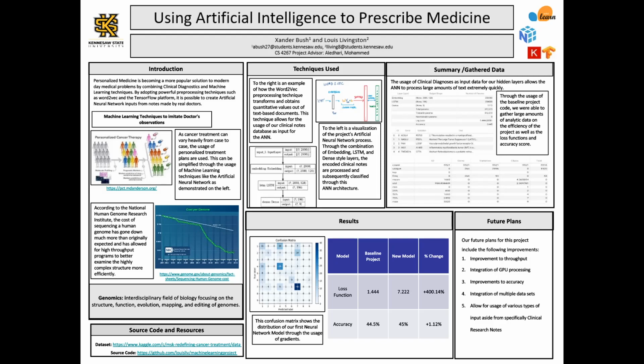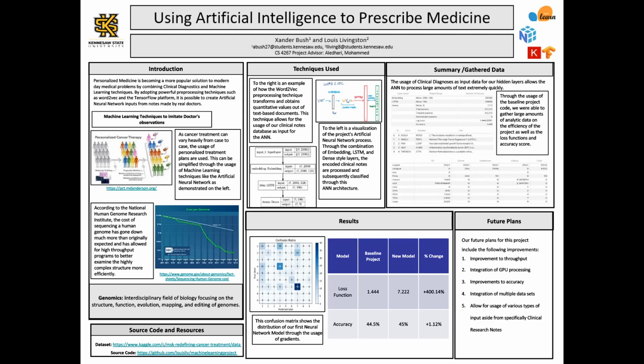So allowing for higher accuracy, faster processing, more accurate processing would help this project significantly, as well as possibly implementing more types of data sets that we can use in the project, and being able to use multiple data sets in one run with different inputs and classify those compared to different information.